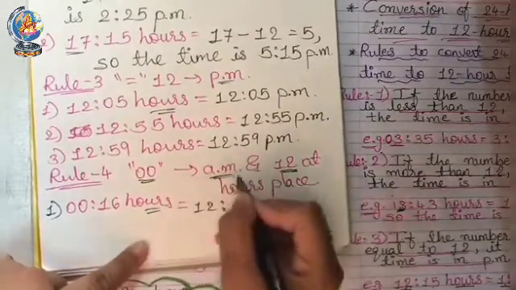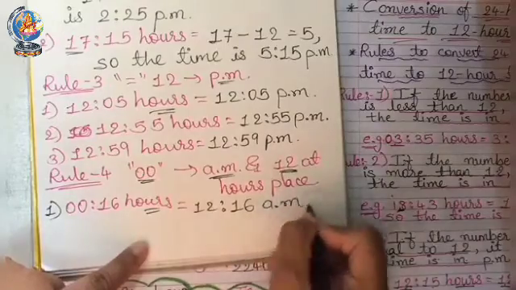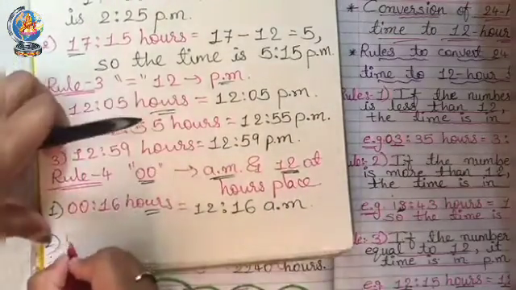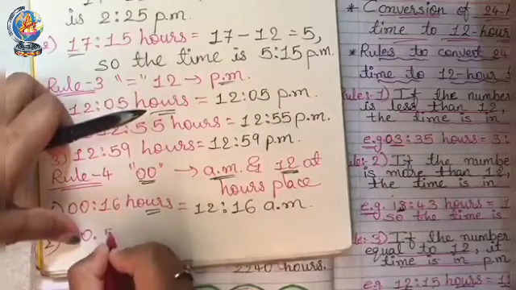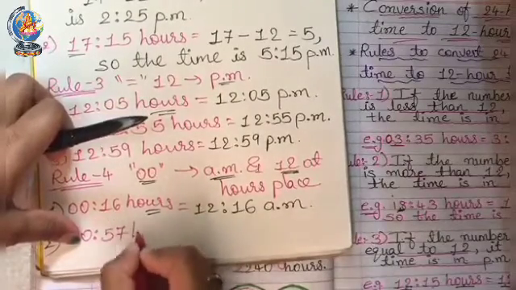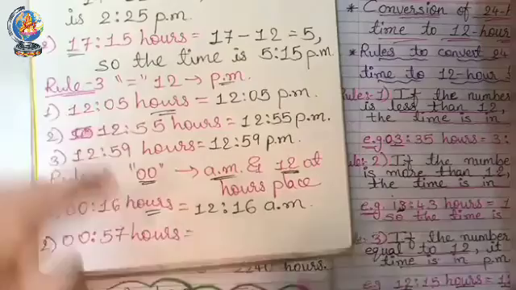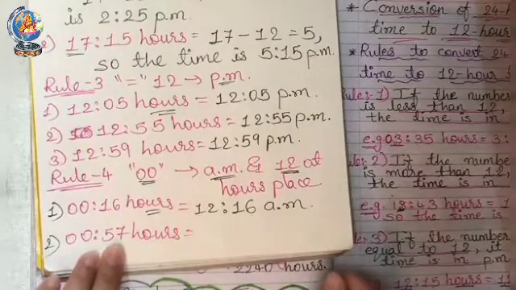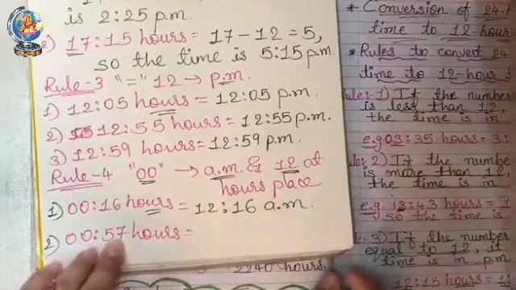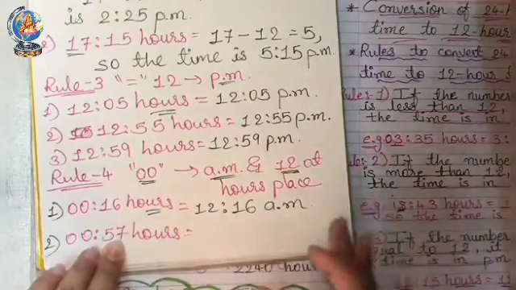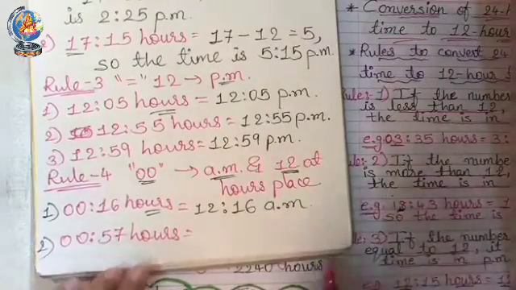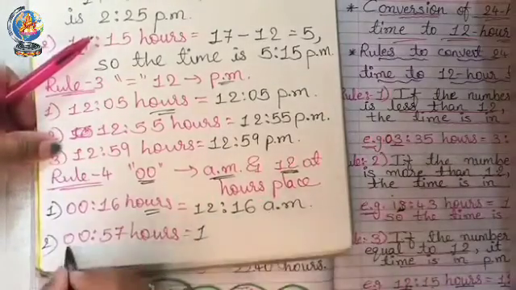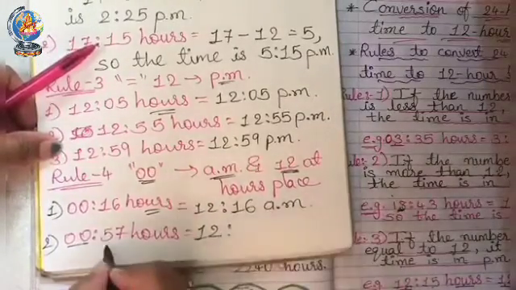If it is asked to you, 00:57 hours, look, it's about to be 1 o'clock at midnight. This time is near to 1 o'clock. So you can say that instead of 0, write 12, 57 as it is, and instead of hours, write AM.